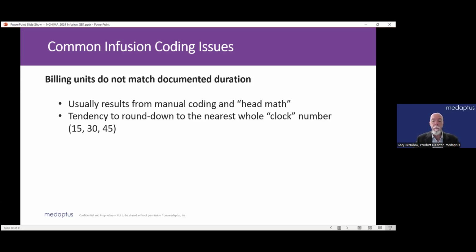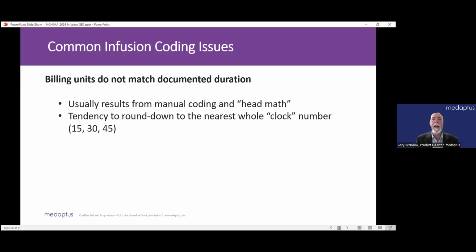But on the encounter form, it said units up to 90 minutes get this code. And I said, well, what happens if it's 91 minutes? Every single one of them I spoke to said, well, we would just leave it at 90 minutes and bill with one unit. And this is a very large hospital, a very large cancer center, relying on nurses to be able to do that head math, right?